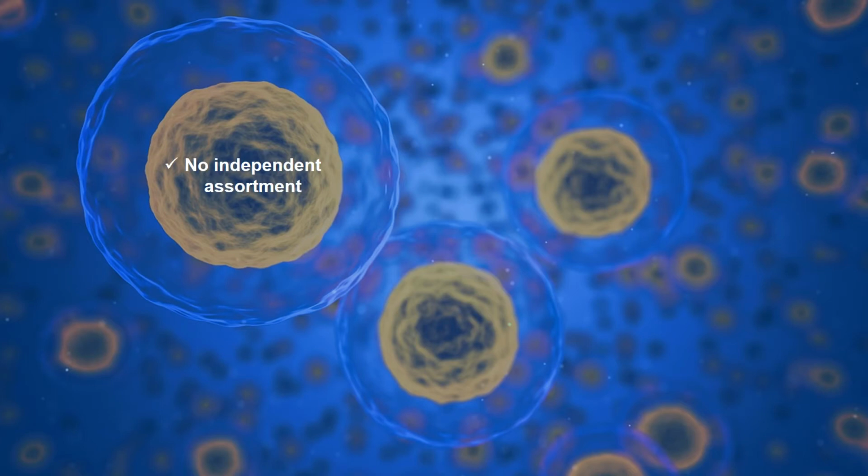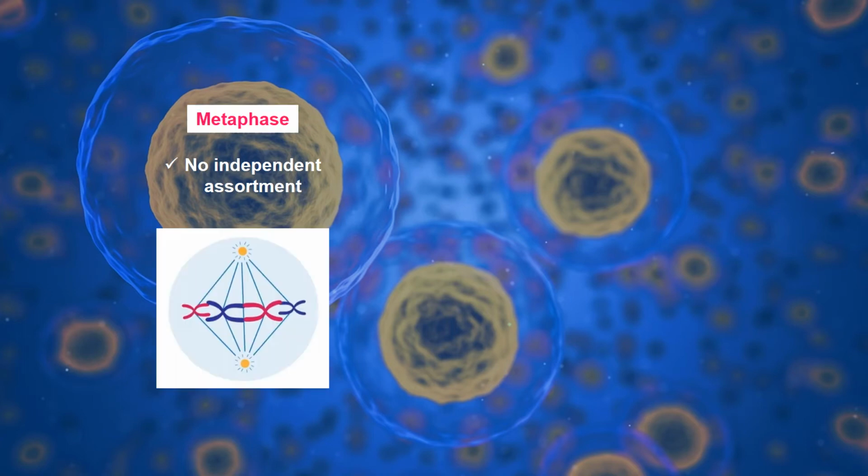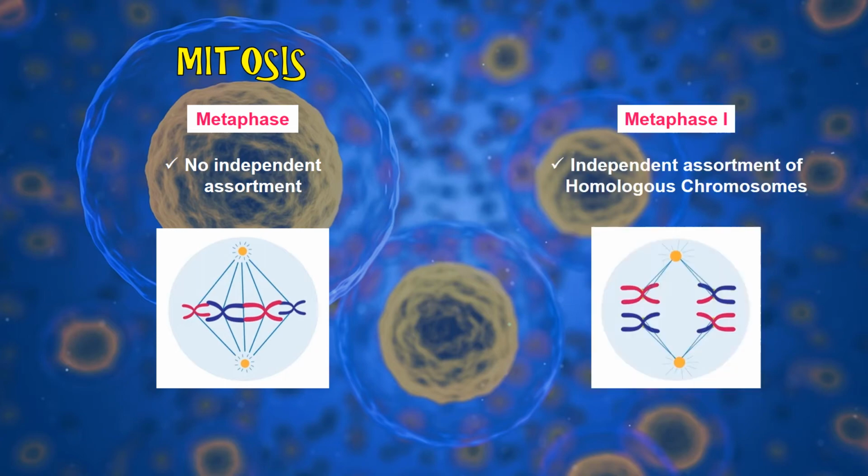Independent assortment is technically absent in metaphase of mitosis, while it occurs in metaphase I in meiosis.